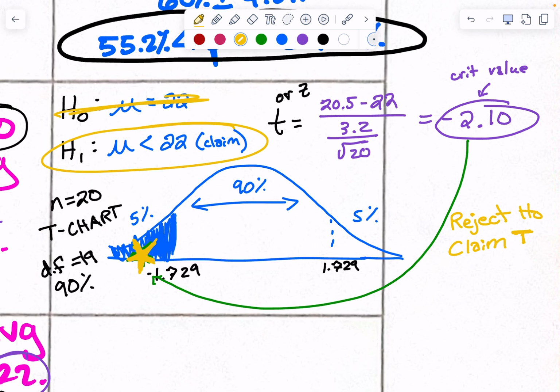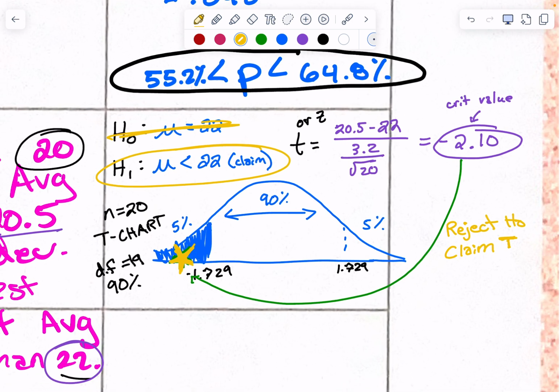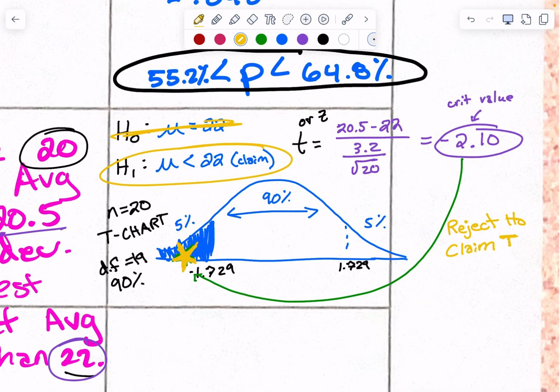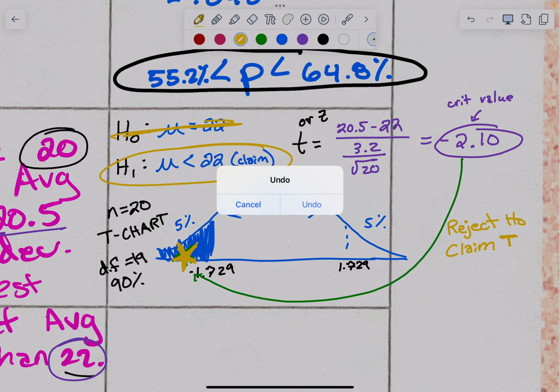Okay, good? You didn't get negative 2.10? The calculator divide, when we just leave it on the top, you get an error.